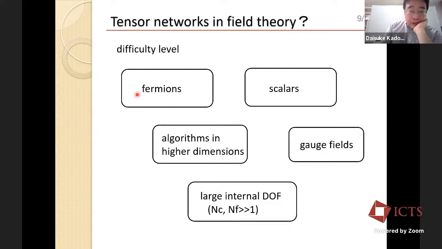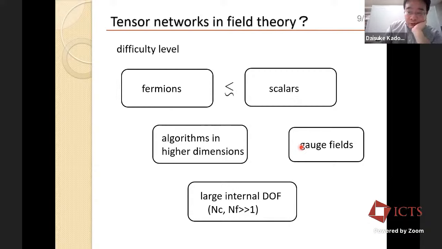It's easy to handle fermions in the TRG method, and not so difficult for scalar fields. And the tensor network for U1 and SU2 can be given by using character expansion. However, it's difficult to compute the character expansion for SU3 gauge groups.